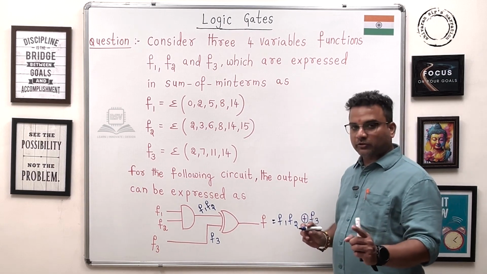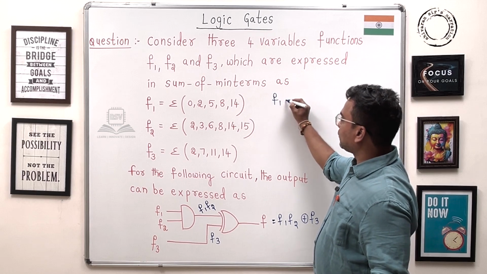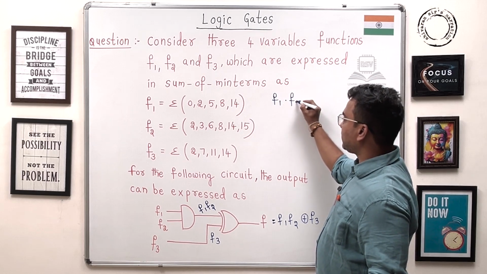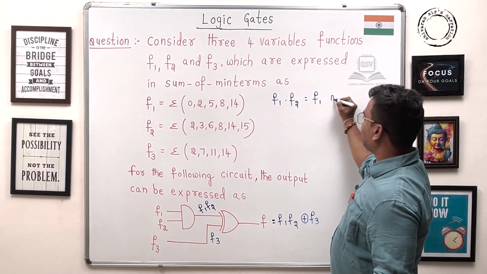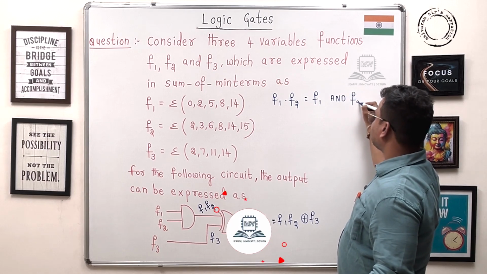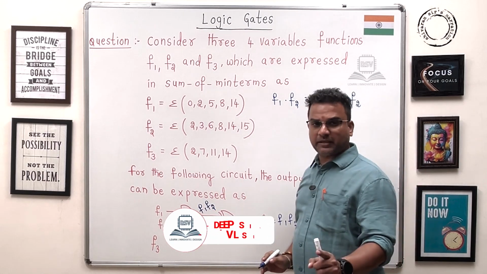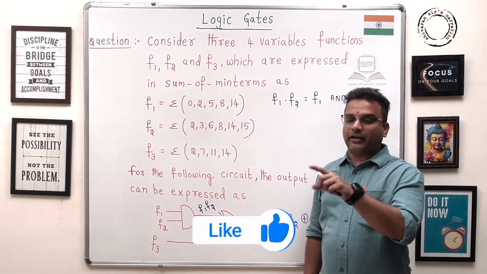Now coming to the AND operation, if it is f1 into f2, that means exactly speaking, that is f1 and f2 only. Exactly speaking, it is not f1 into f2, it is f1 and f2.